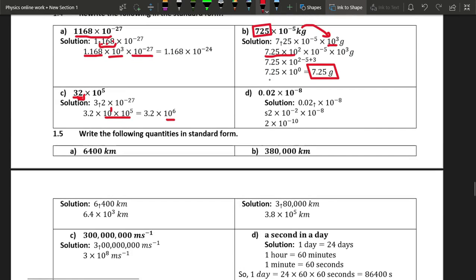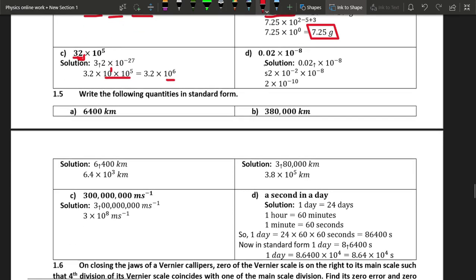Now the last part of this question is 0.02 into 10 raised to power minus 8. We move this point after 2, so that this number is between 1 and 10. When we move this point after 2, it will become 2 into 10 raised to power.